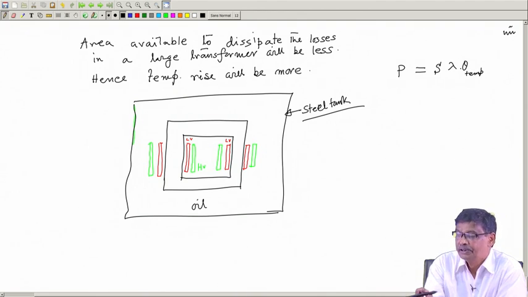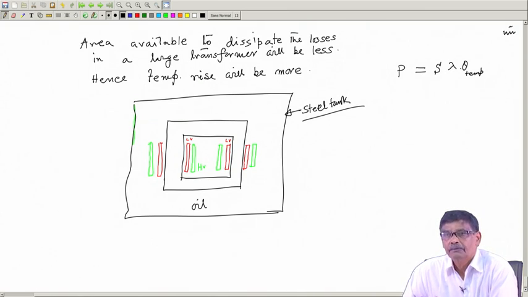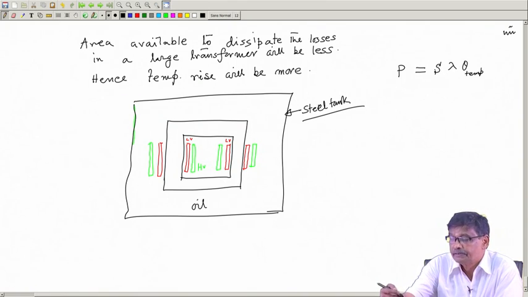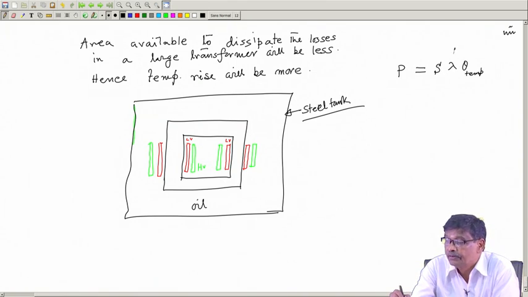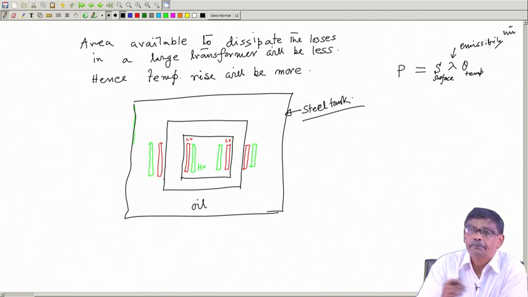The rate at which heat is generated must be equal to S lambda theta. What is lambda? Emissivity, that is how much power it is dissipating. So, this is called emissivity. And this is surface, mind you, not kVA.